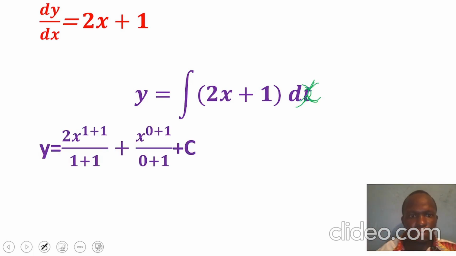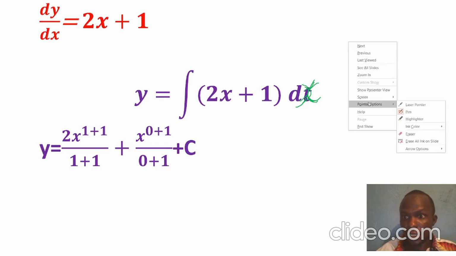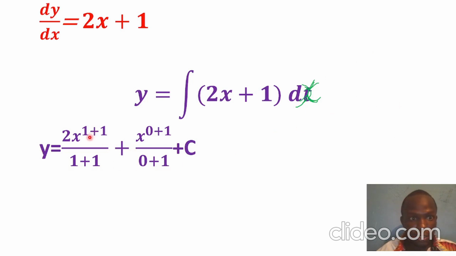And therefore, after doing all that we integrate. So let me use a highlighter here. This is 2x to the power 0 plus 1 over 0 plus 1, plus x to the power 1 plus 1 over 1 plus 1, plus an arbitrary constant. It is very important that you add the arbitrary constant, that is if you are not provided with the limits of integration.